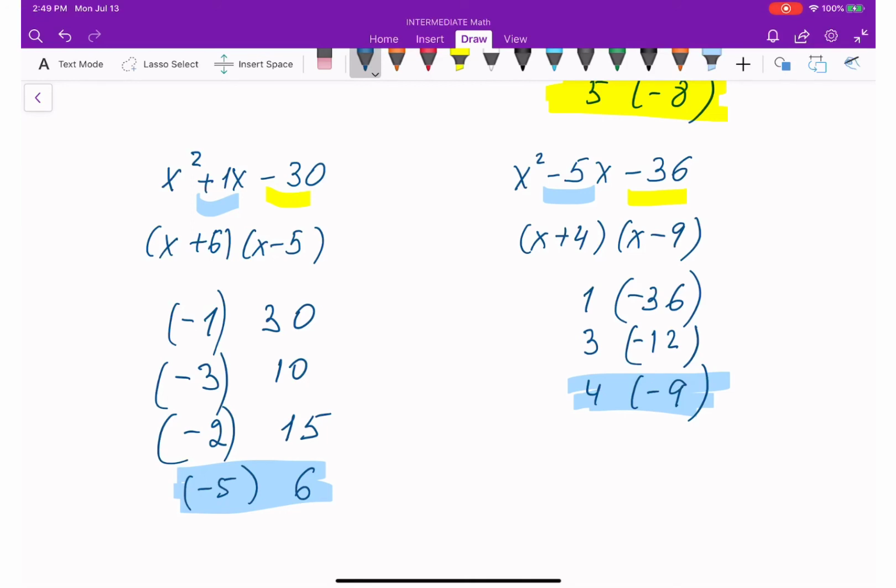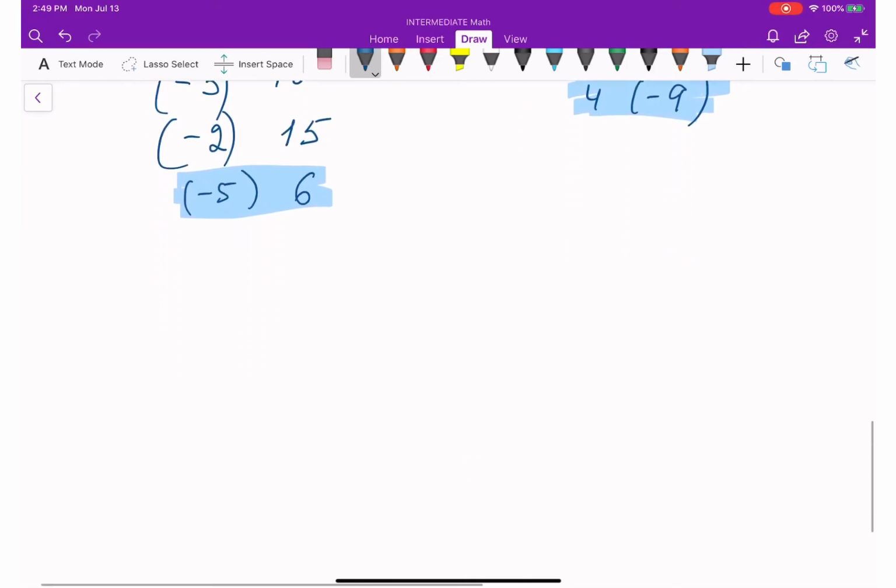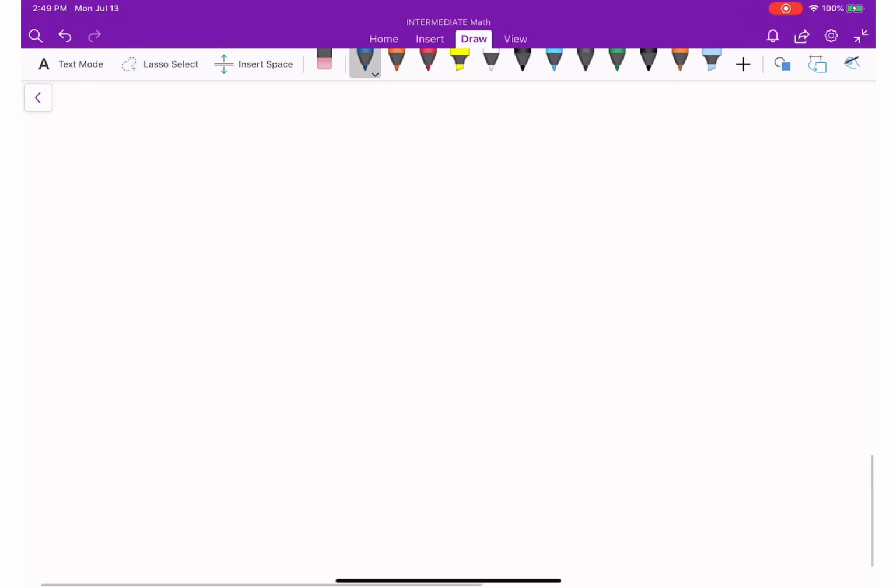Okay, now let's move to the next case. Now we have 4x squared minus 36x and plus 80. Well, we have here 4.